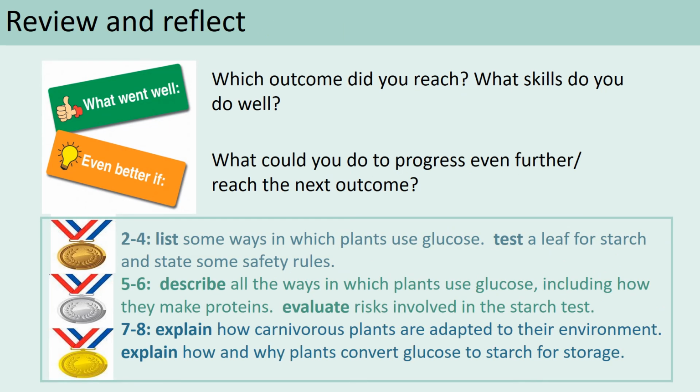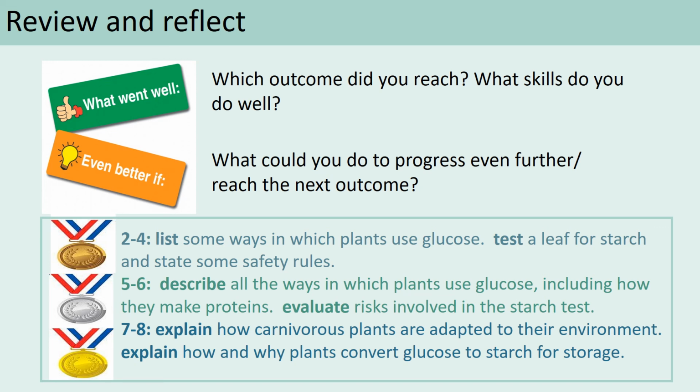Okay, and that is it from me today. Very well done. Hopefully we're able to list some of the ways in which plants use glucose, and hopefully we can think of some of the safety implications of testing for starch. One of the chemicals used is ethanol, and ethanol is very flammable, so that would be a safety concern.